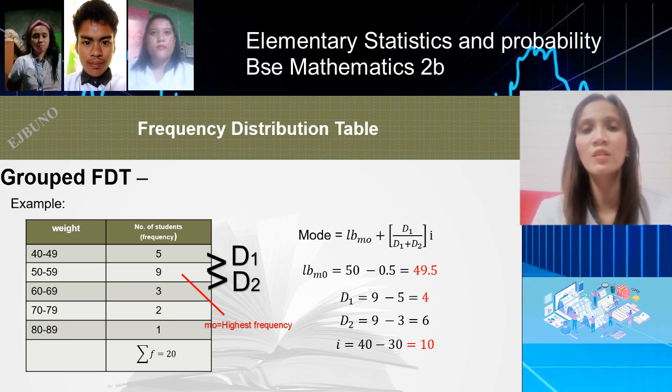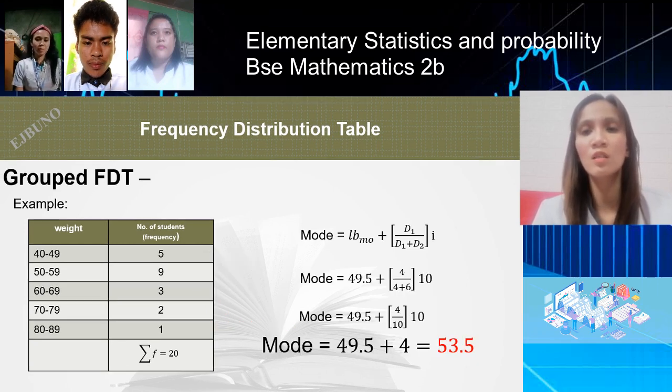Now we need to get the value of the mode. Mode is 49.5 plus the quantity of 4 divided by 4 plus 6, times 10, and it is equal to 53.5.